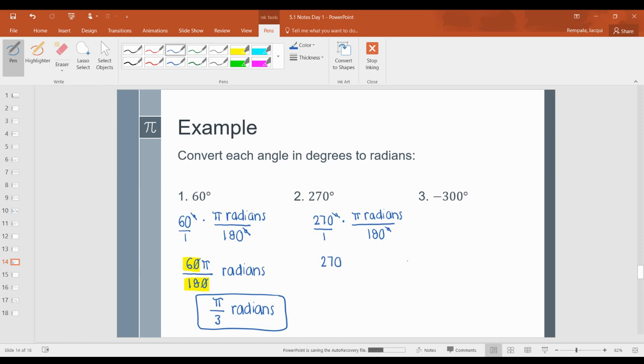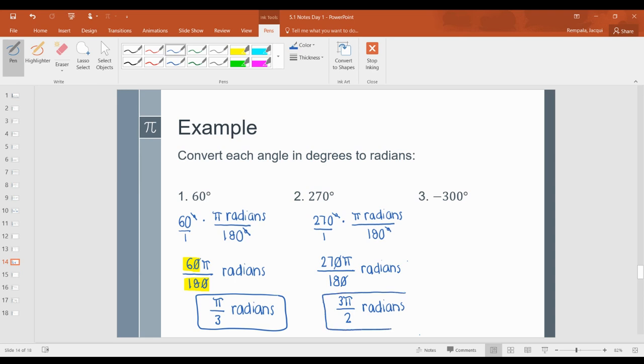Multiplying straight across, 270 is now with the pi on the top. 1 times 180 is 180 on the bottom, and this is still in radians. Notice that the two numbers are definitely divisible by 10, but then 27 and 18 are both divisible by 9 as well. When I divide them both by 9, we'll have a 3 pi on the top and a 2 on the bottom, and once again, this is our final answer in radians.